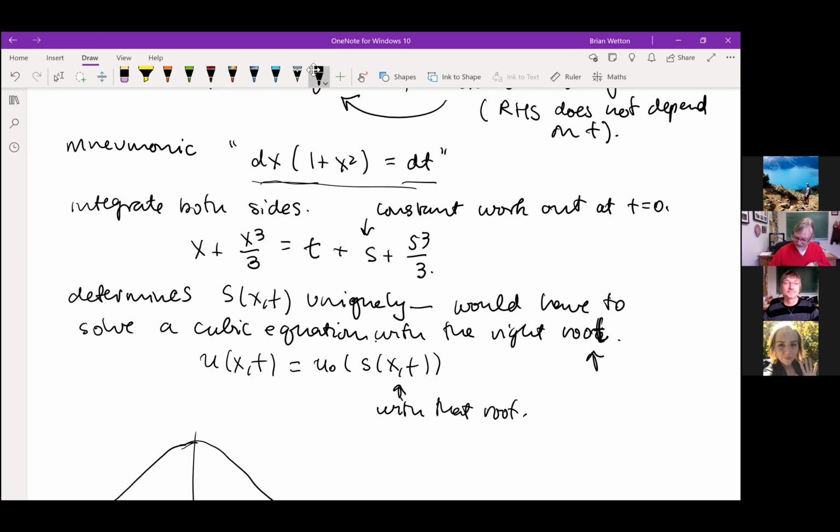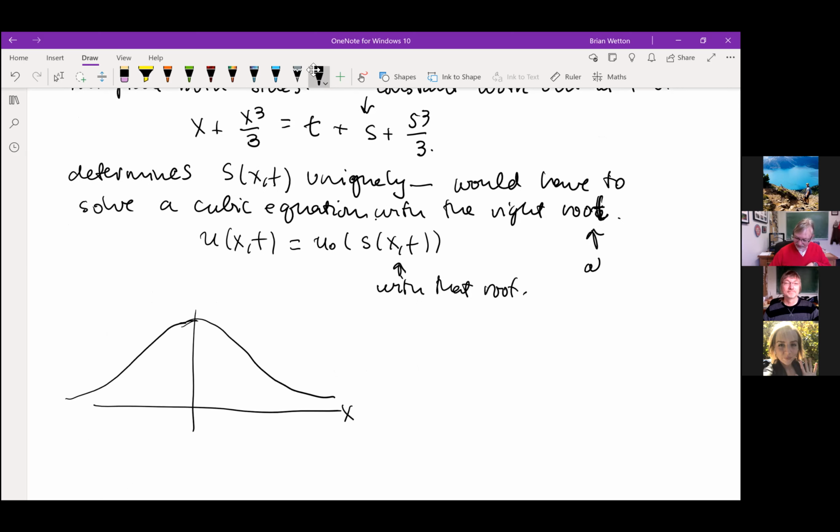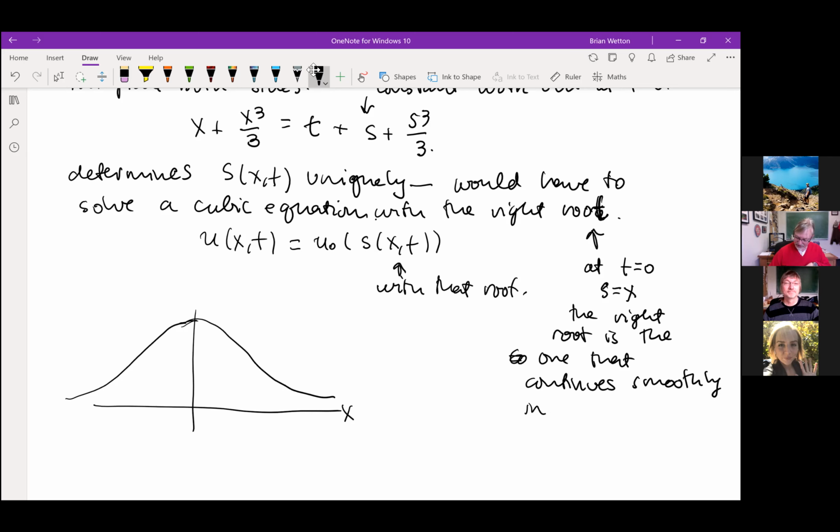So how do you know which one is the right root? Well, at t equals 0, I should have s is equal to x. Right, and then the right root is the one that continues smoothly in time from this one.